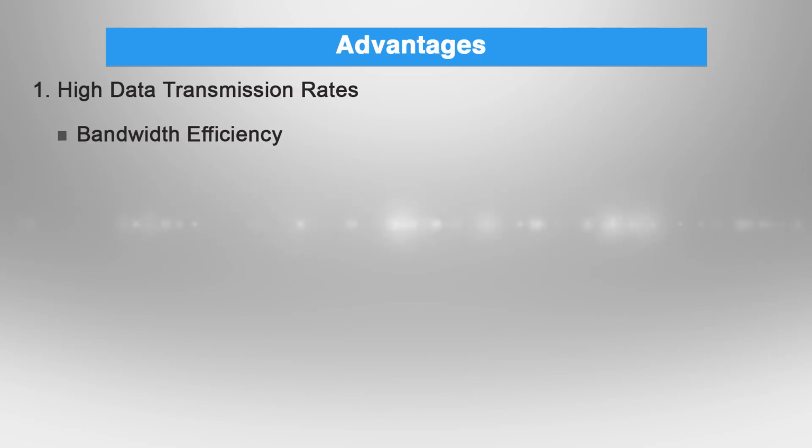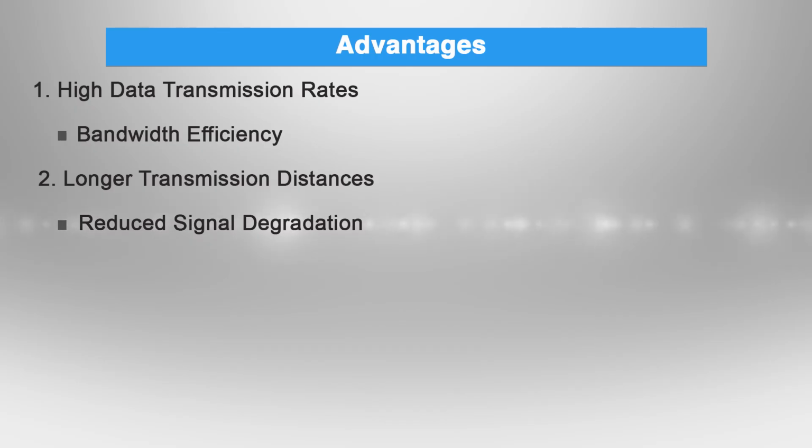Techniques like wavelength division multiplexing, WDM, can further increase the data rate by transmitting multiple channels simultaneously. Second and most important advantage is longer transmission distance. It means reduced signal degradation.